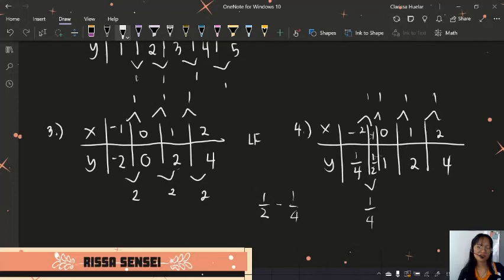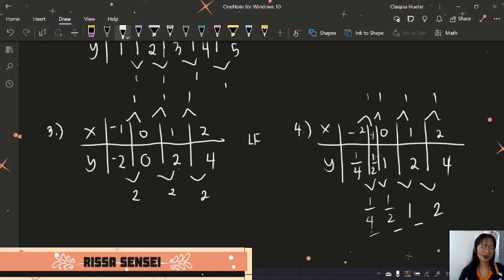So, that's 4 minus 2 over 8. So, that's 2 over 8. So, it's 1/4. Verify ko lang naman. Okay, next. 1 minus 1/2. So, isang buo, bawasan mo na kalahati. Ang makukuha natin ay kalahati. 2 minus 1 is 1. 4 minus 2 is 2.